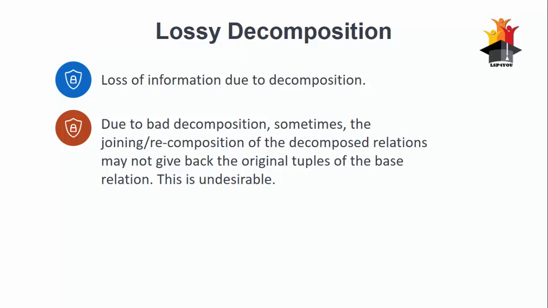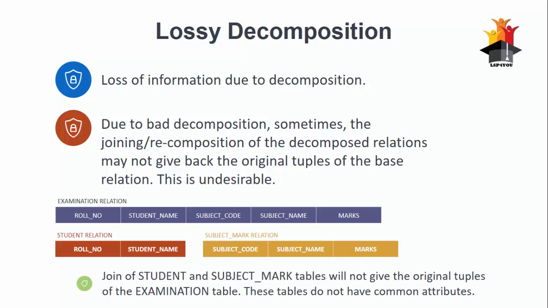Let us consider the examination table again. Suppose we have decomposed the examination relation into a student relation with the roll number and student name, and a subject mark relation with subject code, subject name and marks. We can join two relations into one with the use of common attributes.